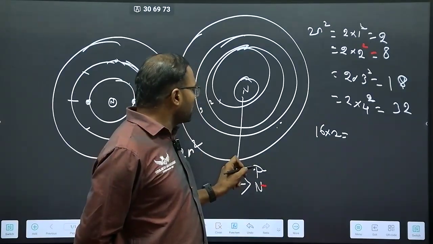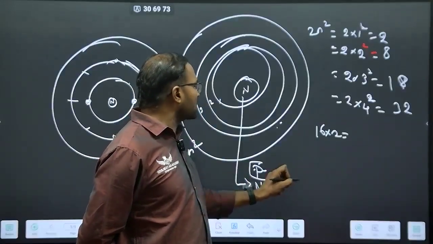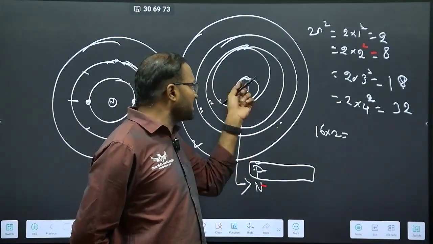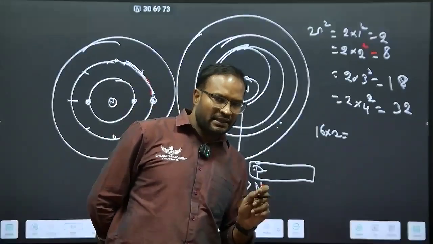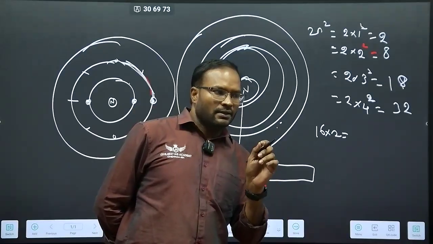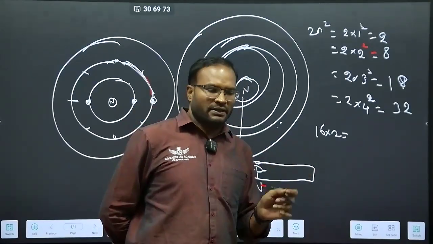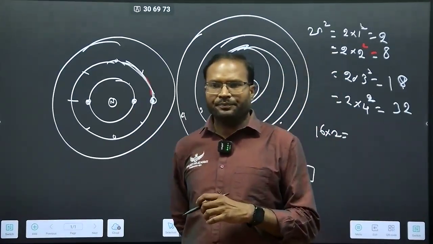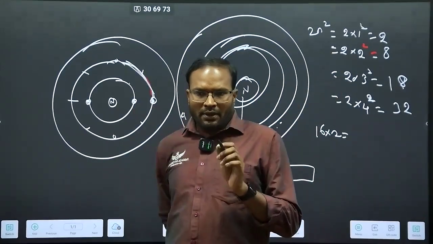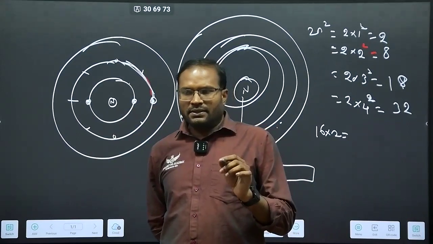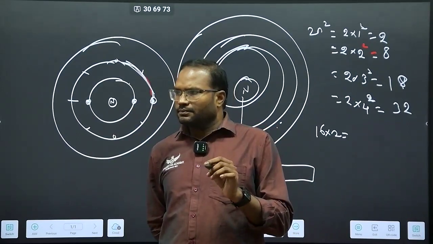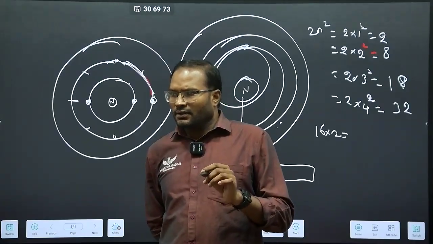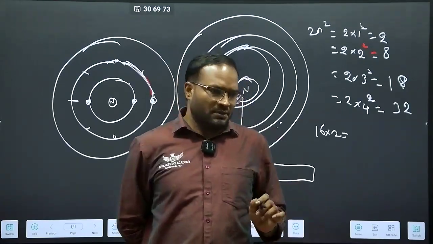The total number of protons present in the nucleus determines the very nature of the element, whether it is hydrogen or helium or oxygen and whatever it may be. The number of protons exhibits the very nature of the element.